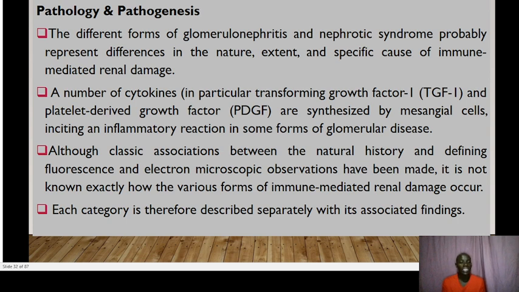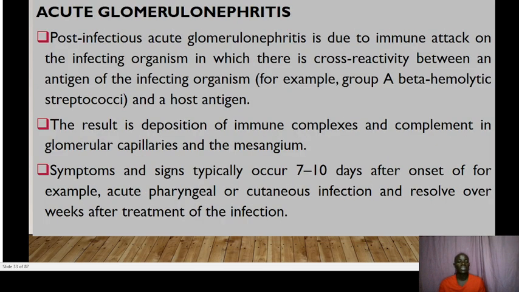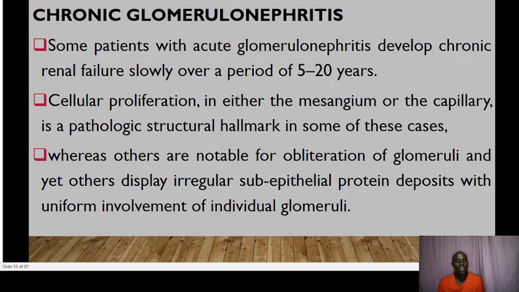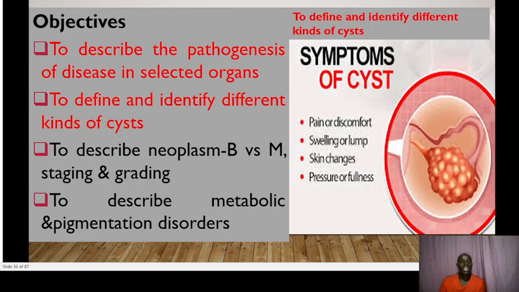So each category is therefore described separately with its associated findings. So we could have acute glomerulonephritis, rapidly progressive glomerulonephritis, chronic glomerulonephritis, okay, and those will be the different forms of this chronic failure.